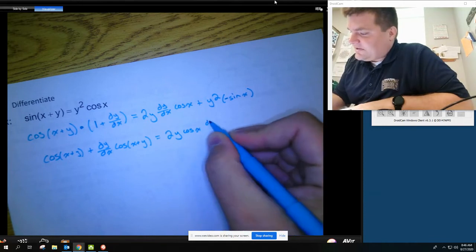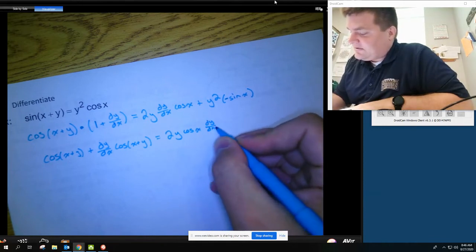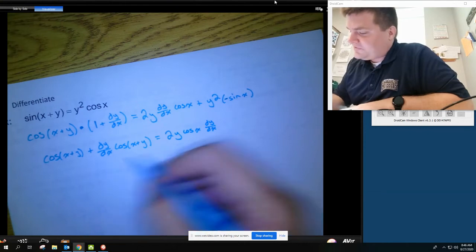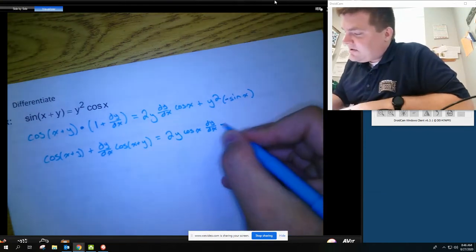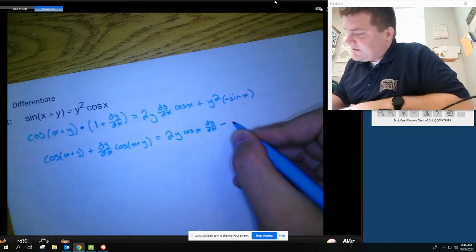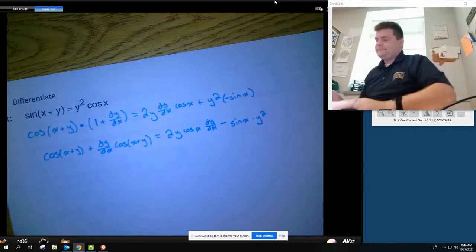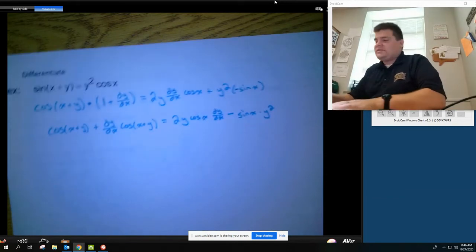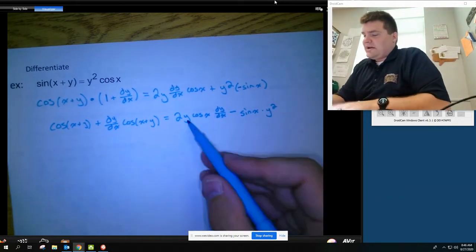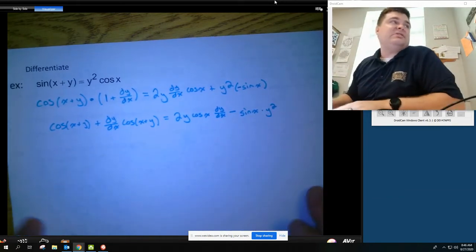I'll put my dy dx last. I don't know why I put it last. This one I put it first, this one I put it last. It does not matter. Minus sine of x times y squared. Why did I rearrange this? I don't really know. Just go with it. It doesn't really matter what order it's in.